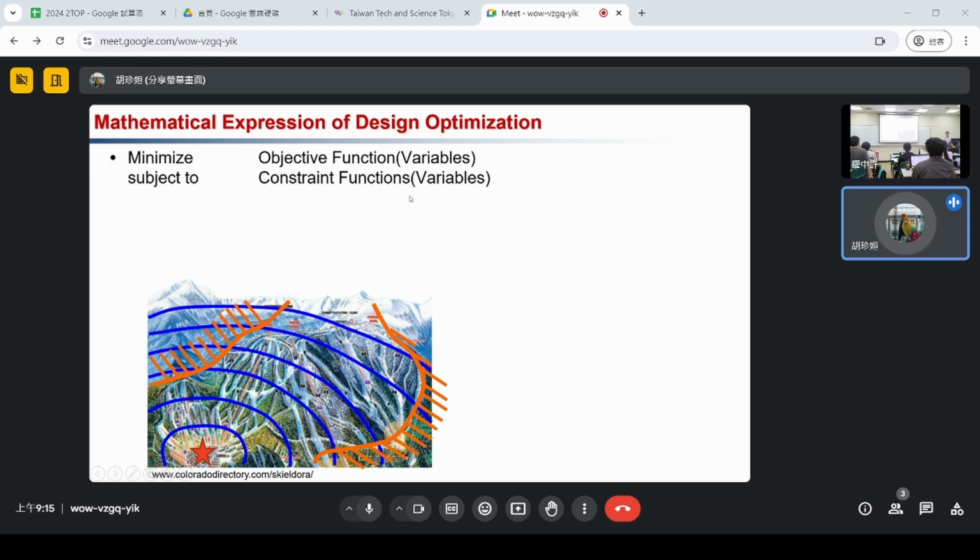We have math functions. The blue one is the so-called objective function. And the position of the skiing person is the variable. So when you are skiing, you are like a design point. You are changing your position inside the snow mountain.